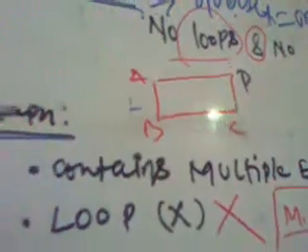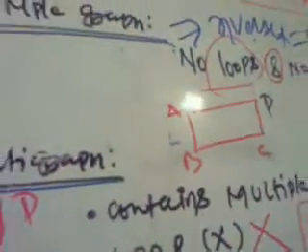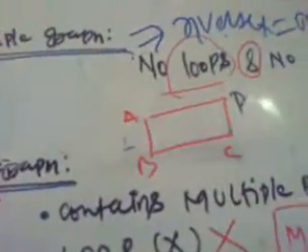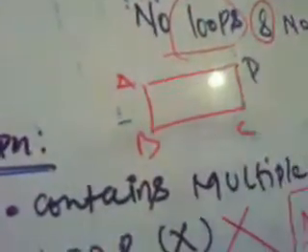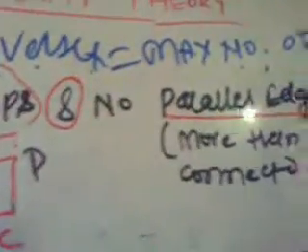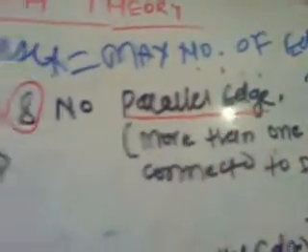One more thing: in a simple graph, what is the maximum number of possible edges that can be found? Suppose this is the graph, and n vertices are given.